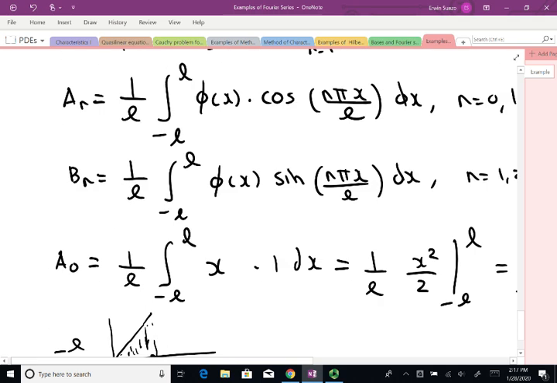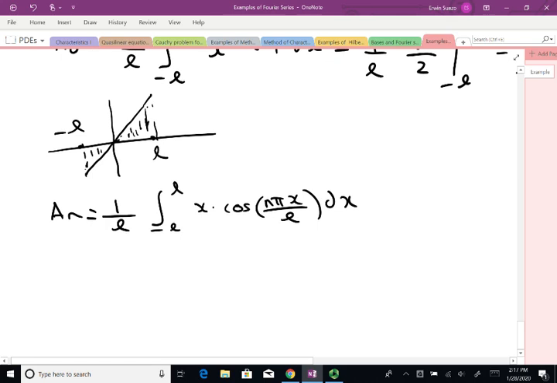Okay, so we need to do integration by parts.